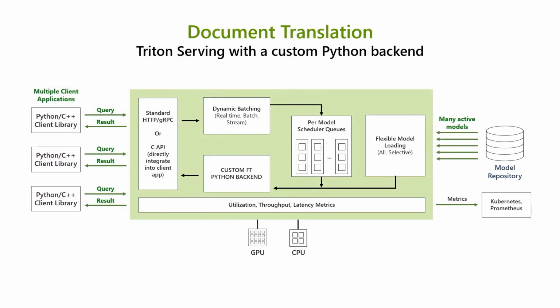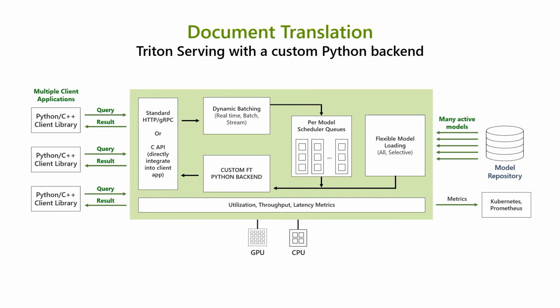So Murat showed you earlier the overview of Triton, so I won't go over everything in the overview, but I just want to highlight the simple change here that you need to make in order to use a custom backend. I think the original slide had a bunch of different backends as options. All you need to do is write your own custom Python backend, and it's just like a plug and play thing.